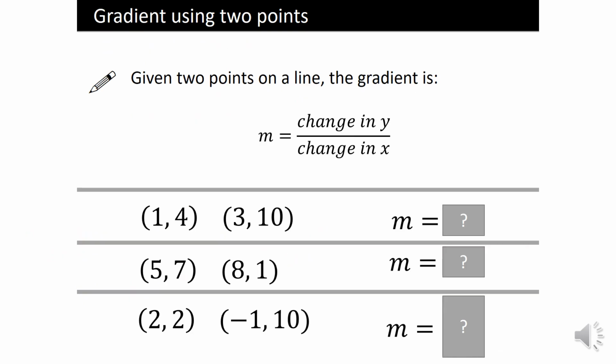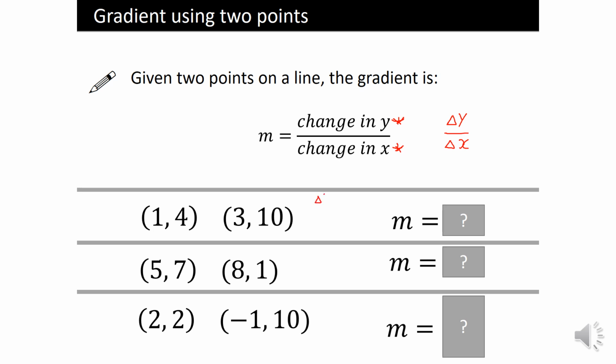So this question, if you want to watch me do this, feel free. If you're feeling confident, you can go straight on to the Dr. Frost one. On the website, it's question 7 to question 12. So that's all ones like this. Working out the gradient, we do change in y divided by change in x. I'm going to use delta y and delta x, just because it's quicker than writing change in y and change in x.